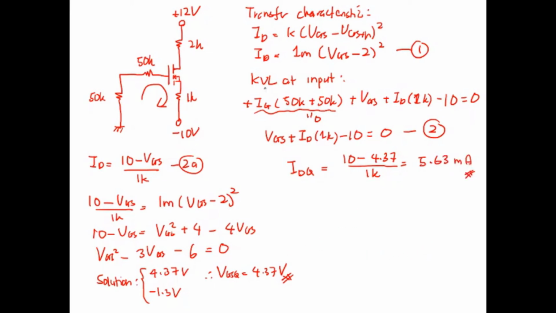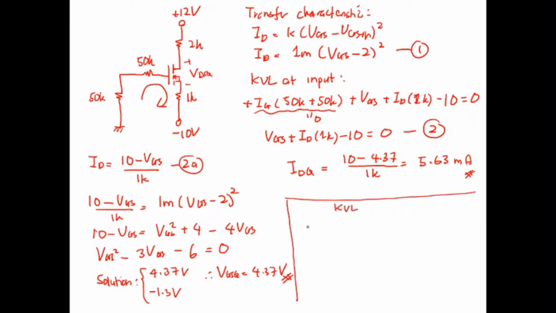Okay, let's say you want to calculate the VDSQ. VDSQ is the voltage across the drain and the source. To do that, you need to do the KVL.